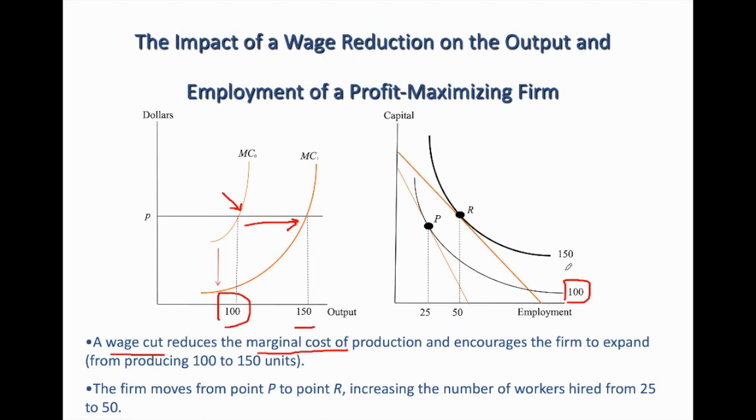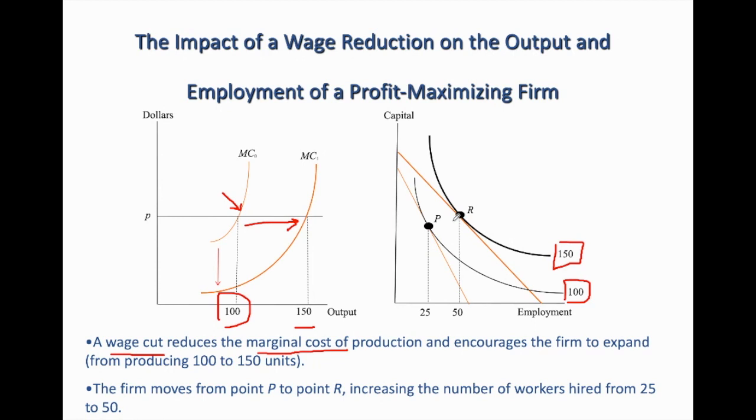The increase in output is shown in this diagram by a much higher isoquant over here. This is an isoquant showing a much higher amount of output produced, because all points along this isoquant mean 150 units of output. This isocost is the initial isocost before any change in the wage rate.